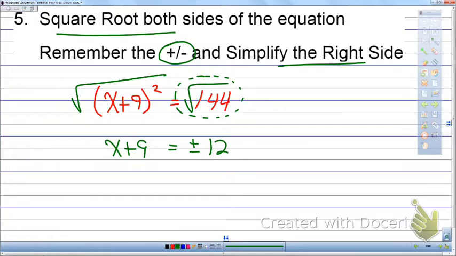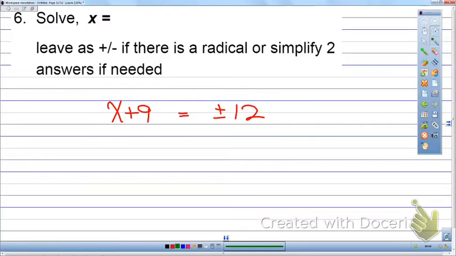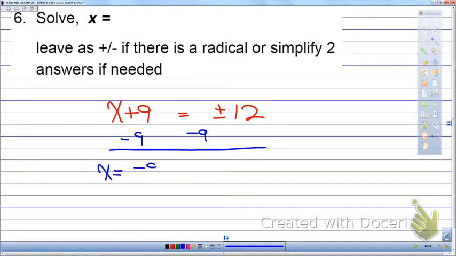Now that we have it down to x plus 9 equals plus minus 12, now we actually get to solve for x. Solve for x, simple. We're going to subtract 9 on both sides. Here I get x equals negative 9 plus or minus 12.